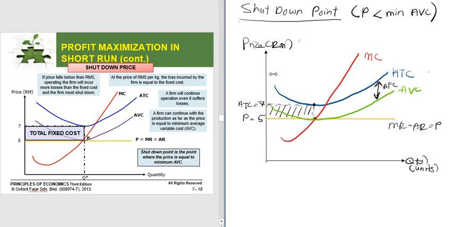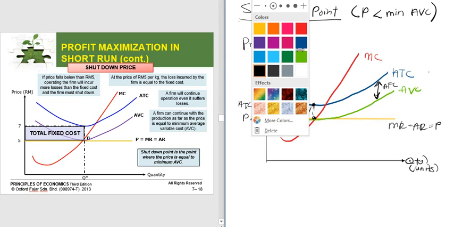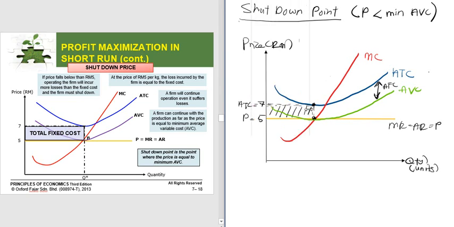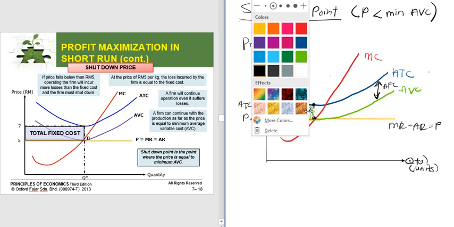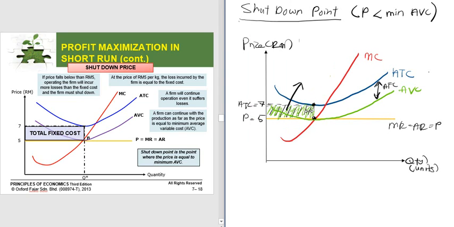So the area from here to here is actually the area of total fixed cost, which is the same as your losses. So at this point you can still continue with the production.